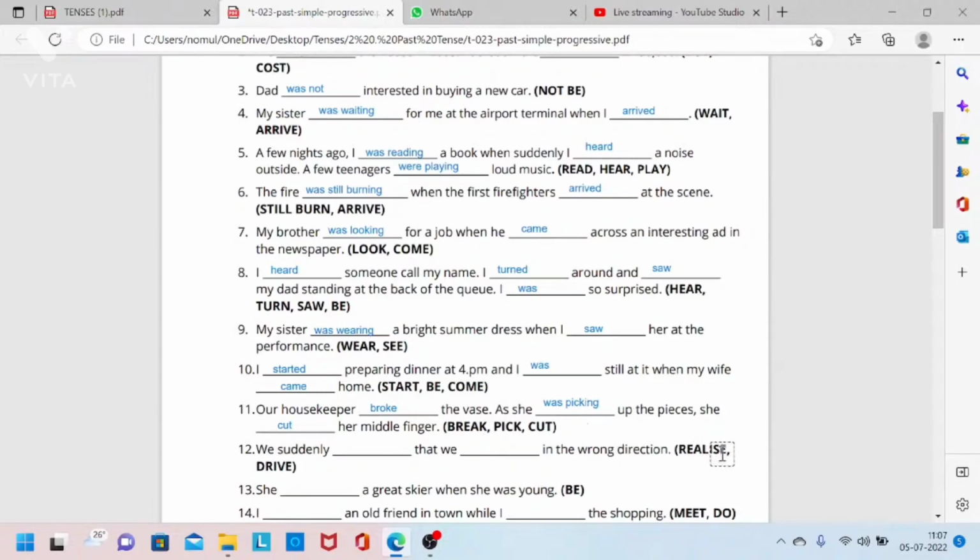Now using realize and drive we have to complete our 12th sentence. So, we suddenly dash that we dash in the wrong direction. So we suddenly, using realize. Okay, realize we have to say realized. Using realize, it is a V3 formation of realize.